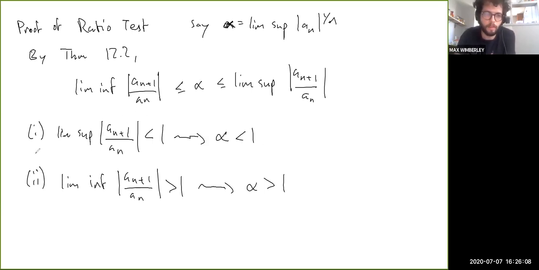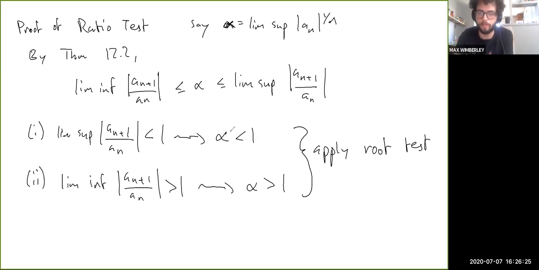In both of these cases, just apply the root test. In case 1, if you apply the root test, you know that the series converges absolutely. In case 2, if you apply the root test, then the series diverges. And of course, in the third case, you can look at two series.